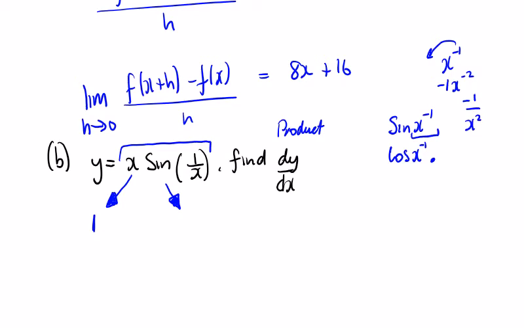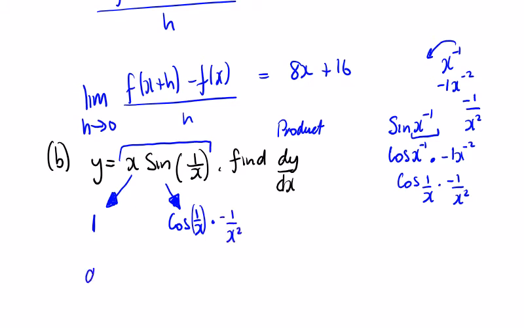So this will be minus 1x to the minus 2. So we're going to get cos of 1 over x times minus 1 over x squared.